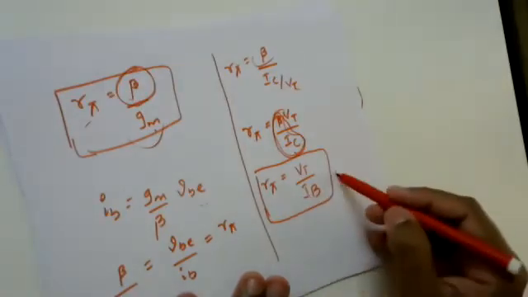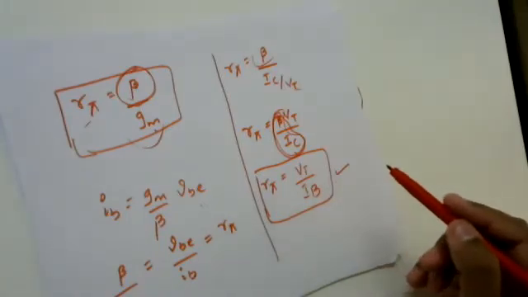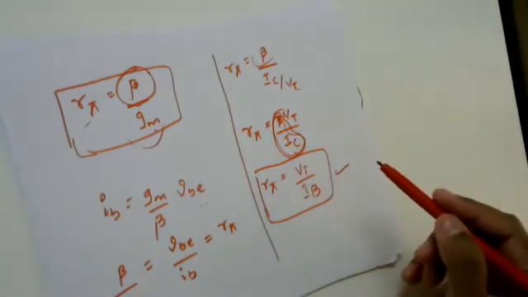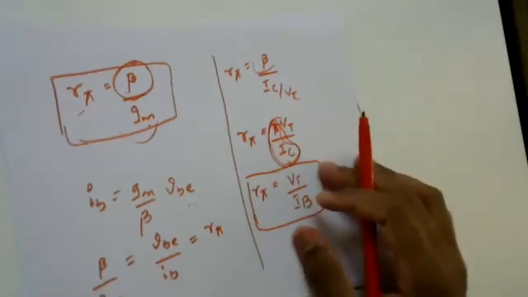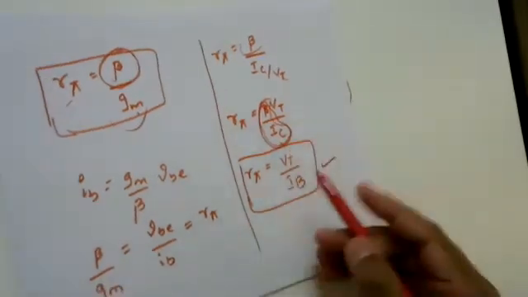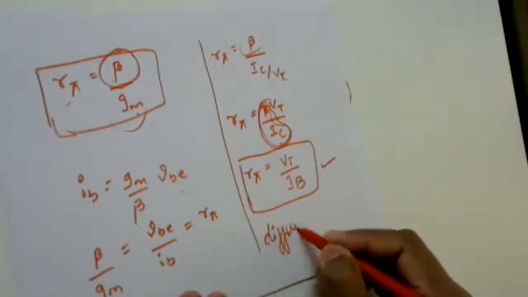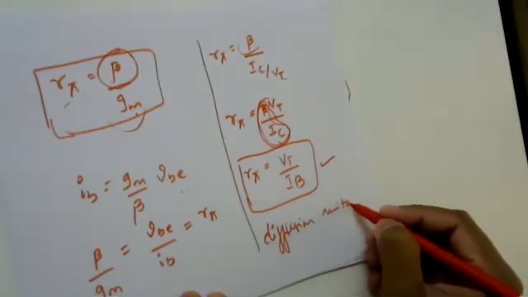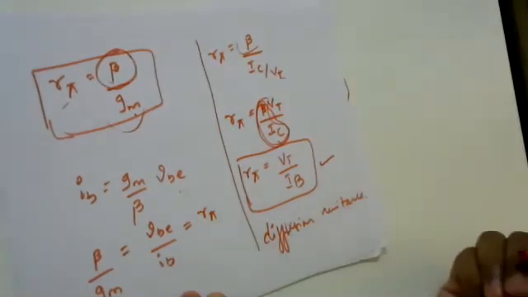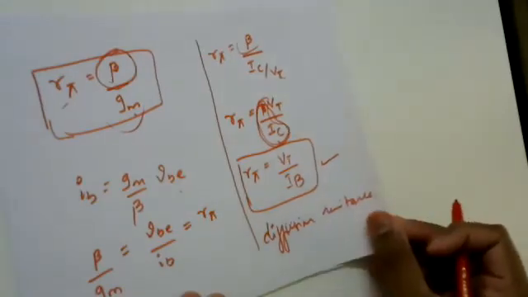So this is an alternative representation for R pi, wherein R pi is called the resistance seen between the base and emitter. It's also called the diffusion resistance. Is it clear to you?